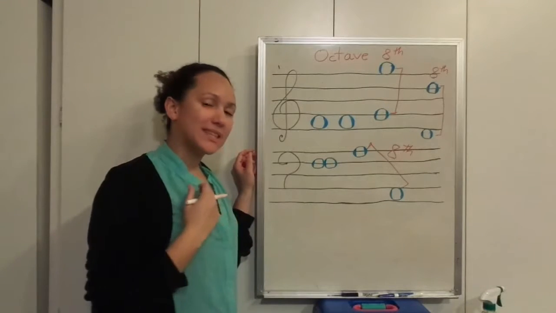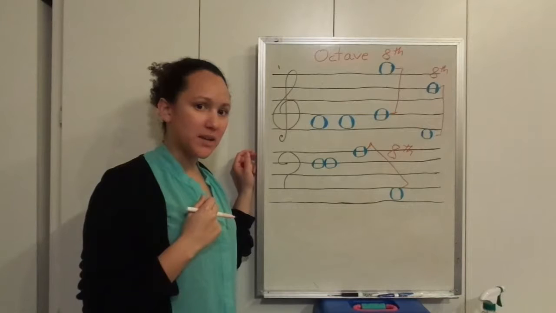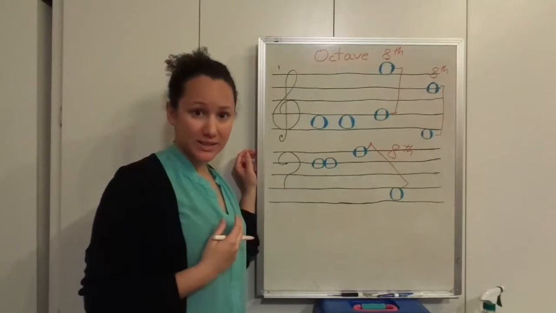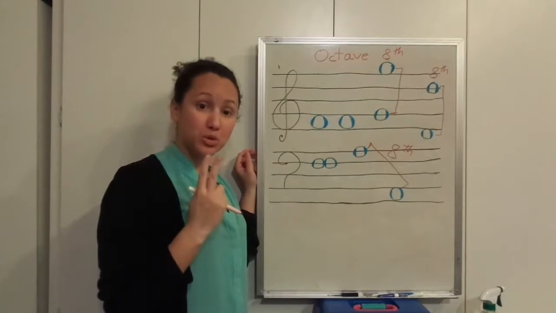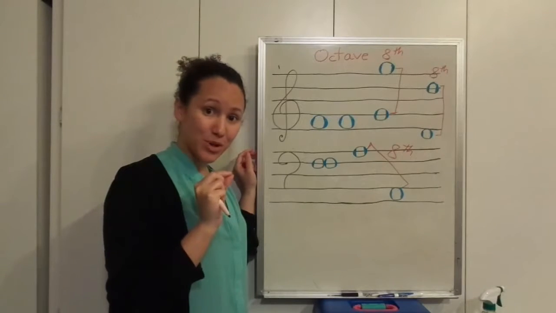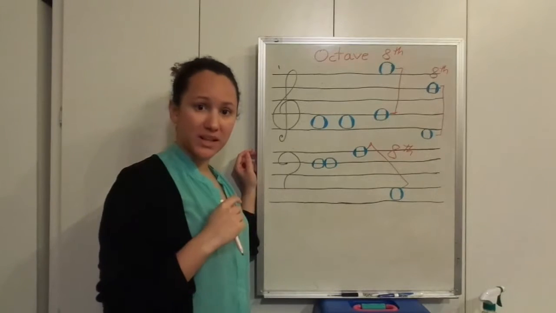Now, when it comes to the same note, this is a little tricky, because we have a word unison, meaning two notes that are actually the same note, just sung or played by different voices.